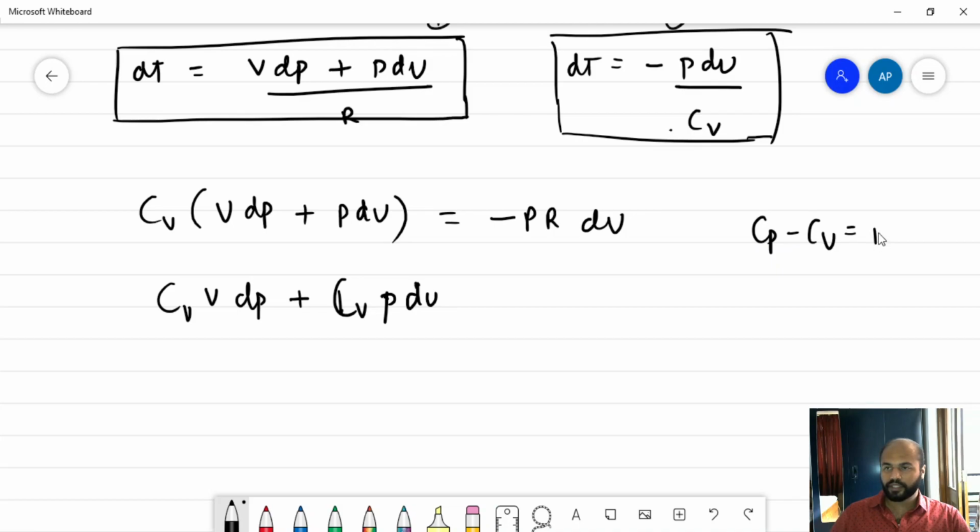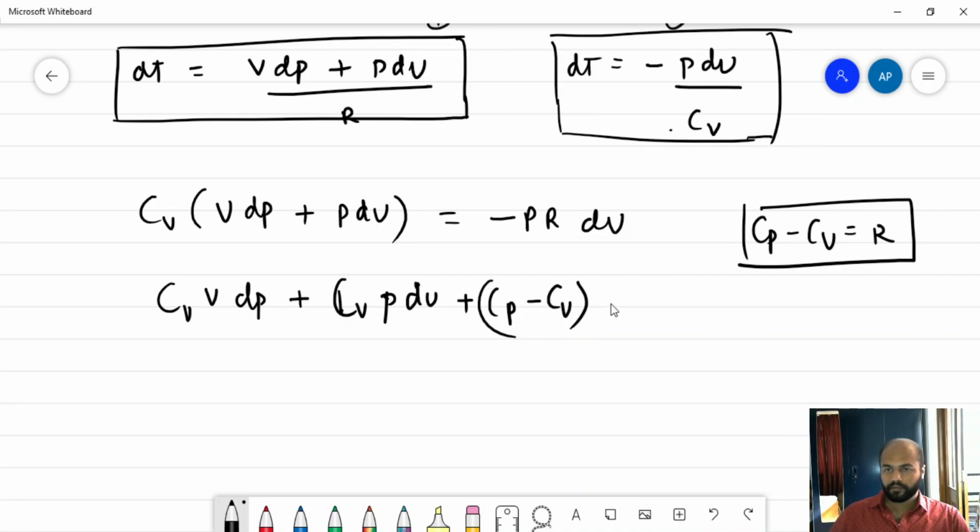There is one relation called Mayer's relation, which is Cp minus Cv is equal to R. So here we will put Cp minus Cv into P dV. This is equal to 0.